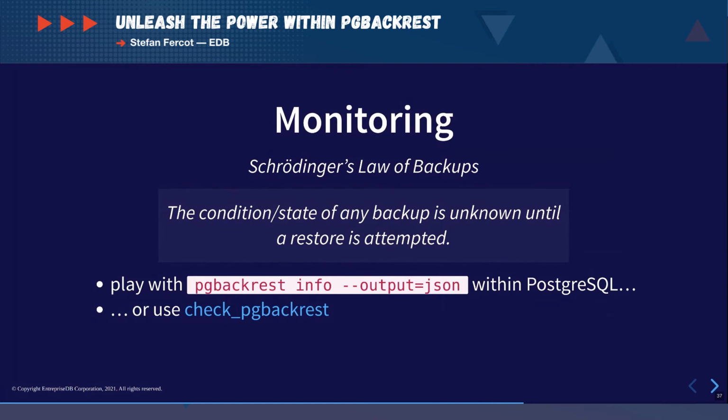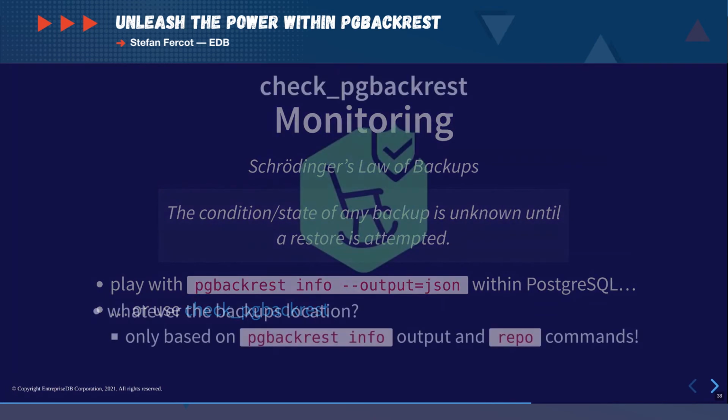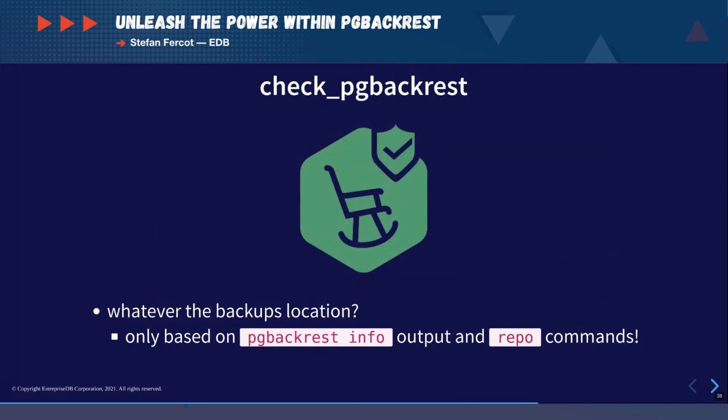Or you could use the Nagios plugin I wrote, named check_pgbackrest. check_pgbackrest will help you whatever the backup location, because it will use internal pgBackRest commands like the info output with the JSON output and the repo commands to get to the repo and see what's on disk. Because currently the verify command doesn't go on disk, it's just checking the manifest.